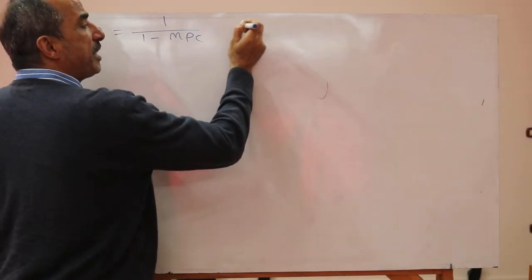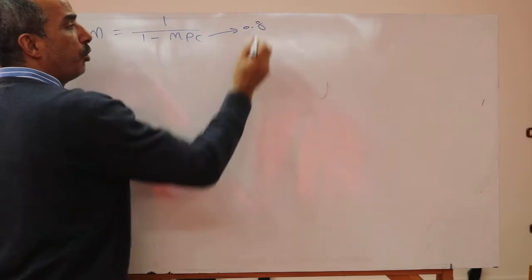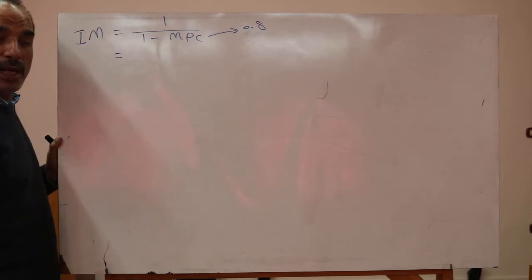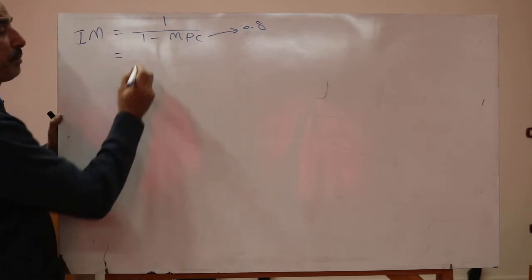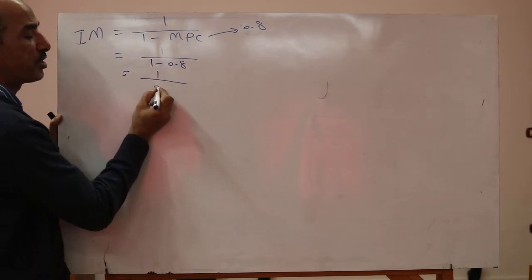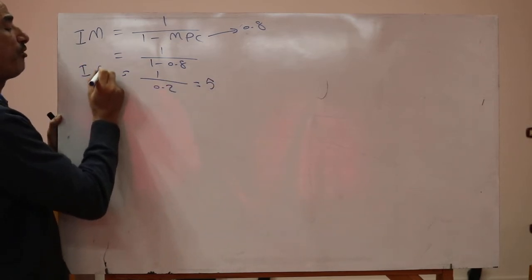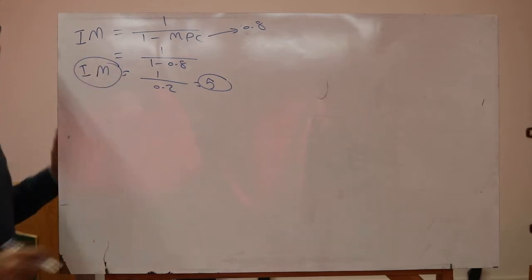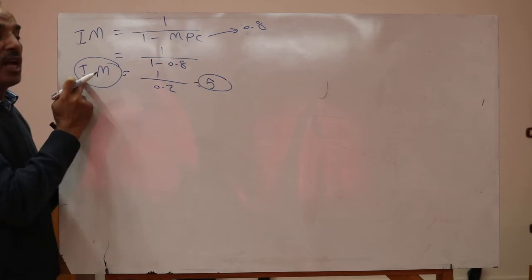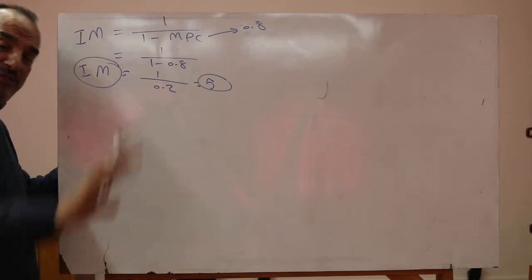Maybe MPC equals 0.8. The investment multiplier equals 1 out of 1 minus 0.8, which equals 1 out of 0.2, which equals 5. What is the meaning of the multiplier equal to 5? It means that when we increase the investment in any country, the equilibrium national income increases by 5 units.